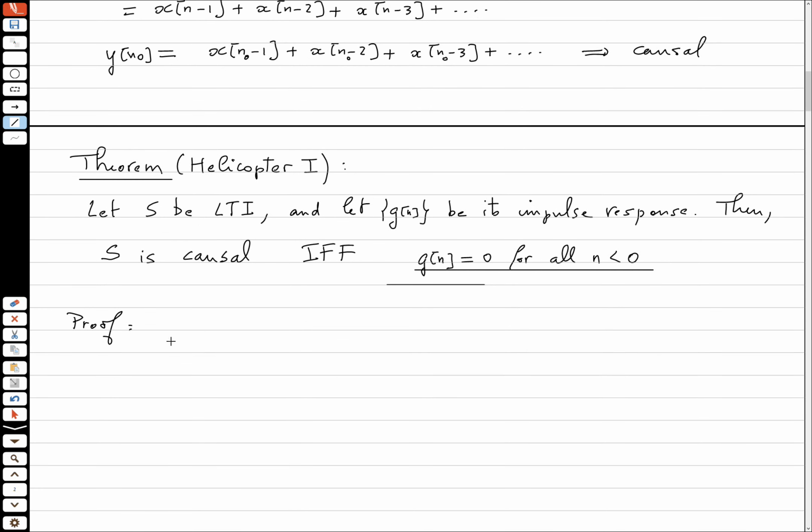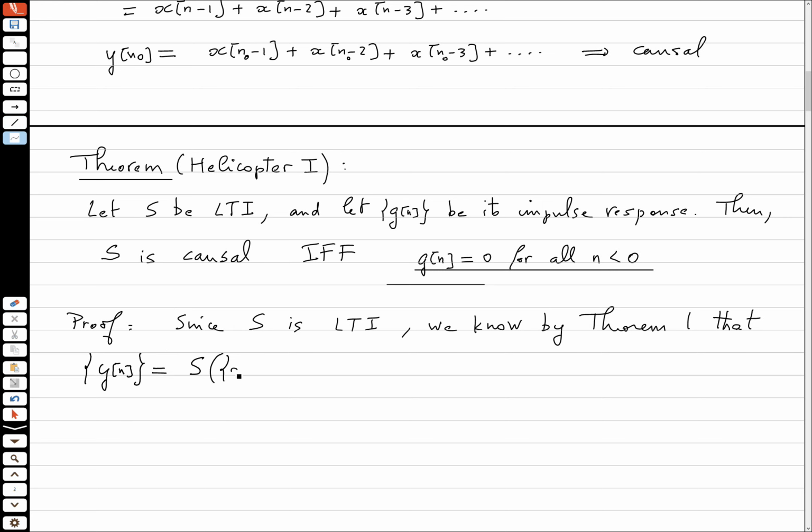Proof. So, since S is LTI, we know by theorem 1 that if you look at the output of the system, then it is equal to g of n convolved with x of n.